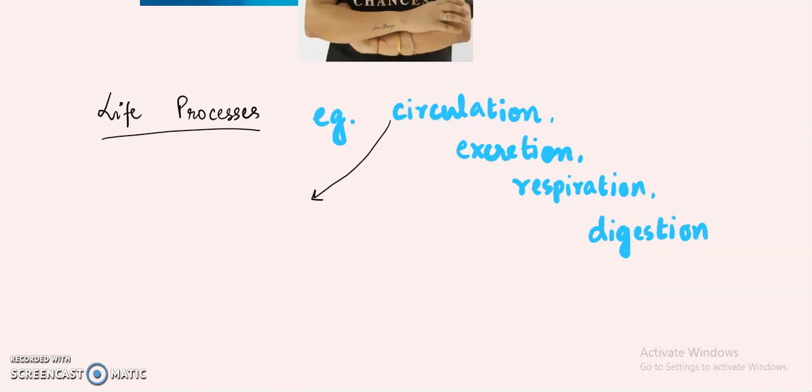So circulation is done by an organ system which is known as the circulatory system. Remember how to find out whether something is an example of an organ system or not. You can see here the suffix at the end, there is a word called system.